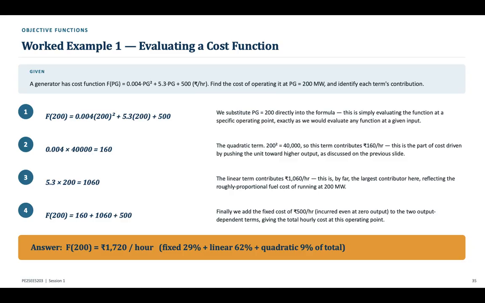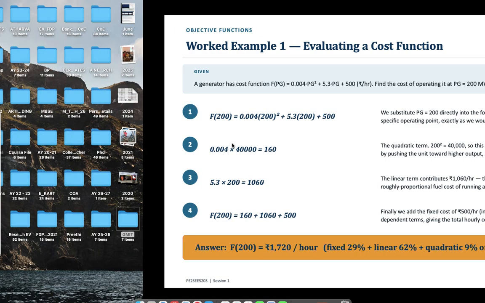So when you substitute this formula, we substitute Pg directly into the formula. This is simply evaluating the function at a specific operating point, exactly as we could evaluate any function at a given input. So the quadratic term, that is 200 square is equal to, just give me a second.